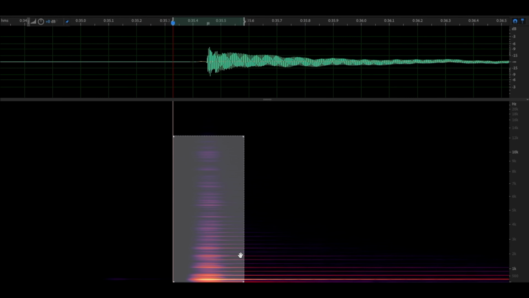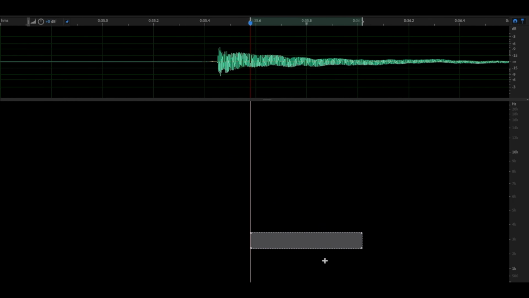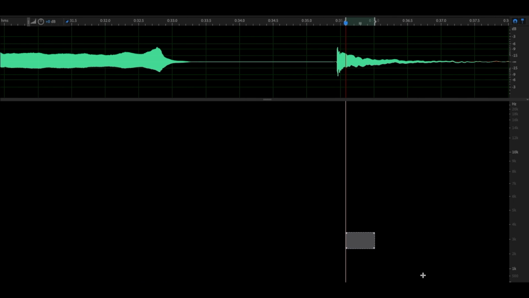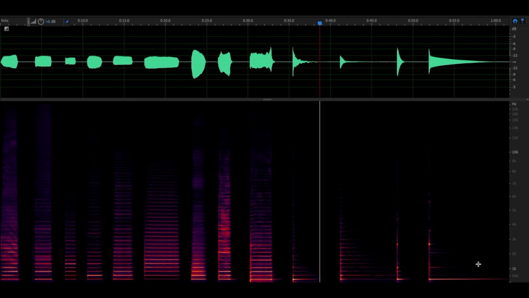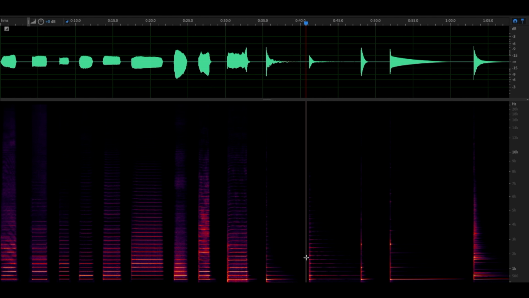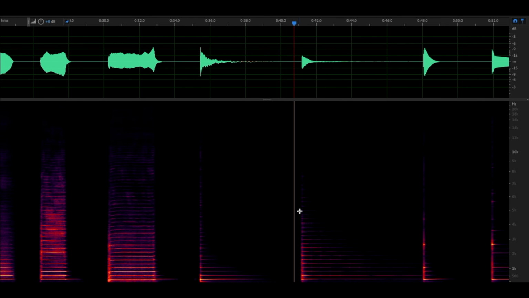Notice right here, we see a lot of vertical, so a lot of frequency partials. And we see a lot of them continue, but they die off as the bottom or the fundamental frequency continues on. The same is true with the piano right here, insofar as a lot of the higher frequencies die off, but they're there at the beginning.